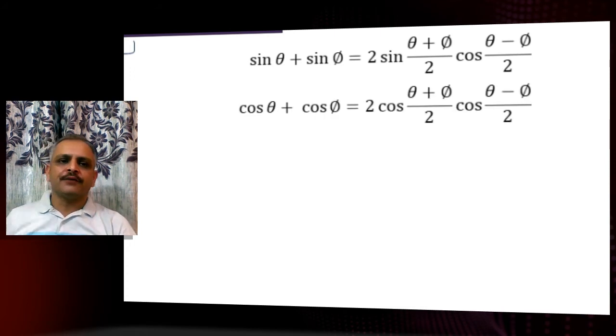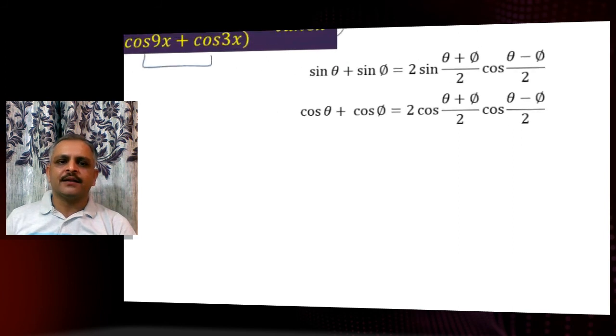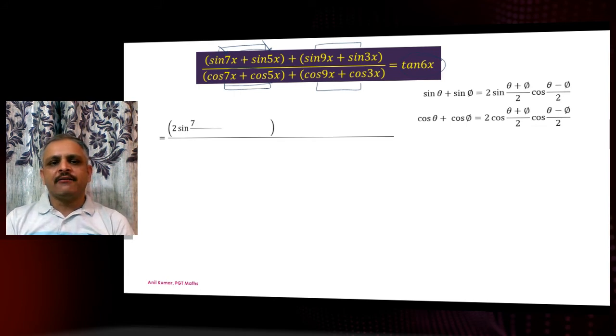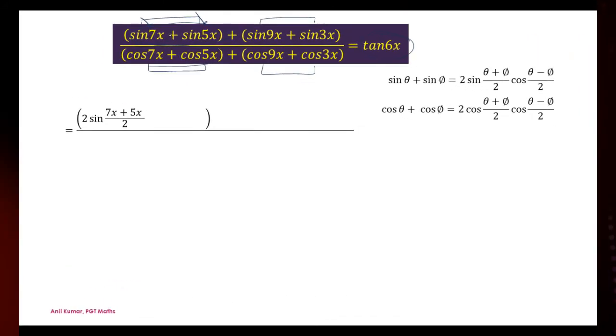So in the first part, 7x will become my theta and 5x will be phi. So it will become 2 sine of (7x plus 5x) by 2 and cos of (7x minus 5x) by 2. And sine 9x plus sine 3x will become 2 sine of (9x plus 3x) by 2 and cos of (9x minus 3x) by 2.